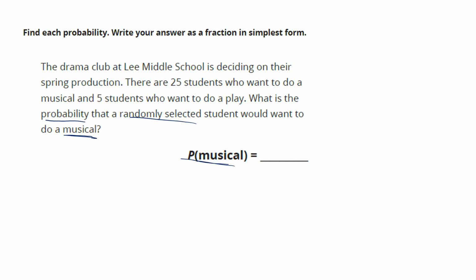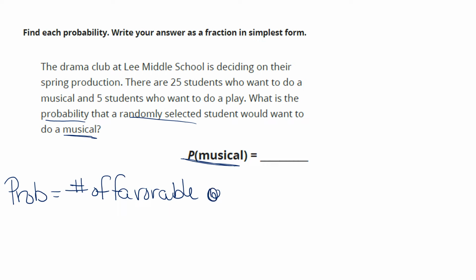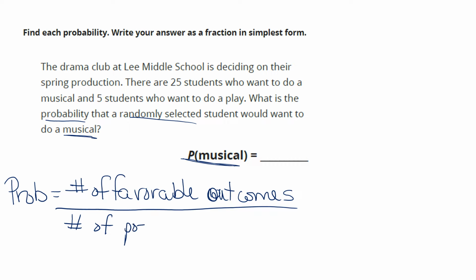So this statement right here is just the probability of the musical. So remember, probability is the number of favorable outcomes over the number of possible outcomes. So the total number of possible outcomes, there are 25 students and 5 students.